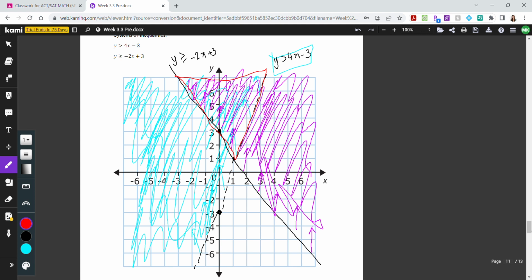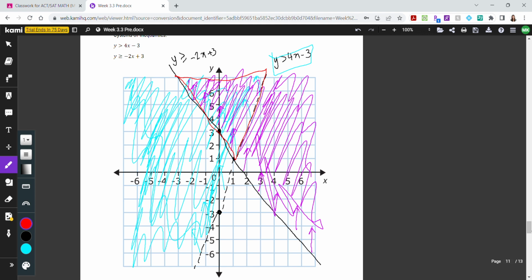If you take a solution that's on the solid line, it will satisfy both inequalities. If you take a point that is on the dashed line, it will not satisfy the top inequality, right? Because it won't equal it.